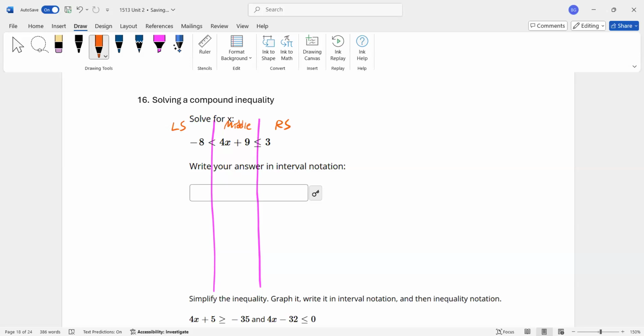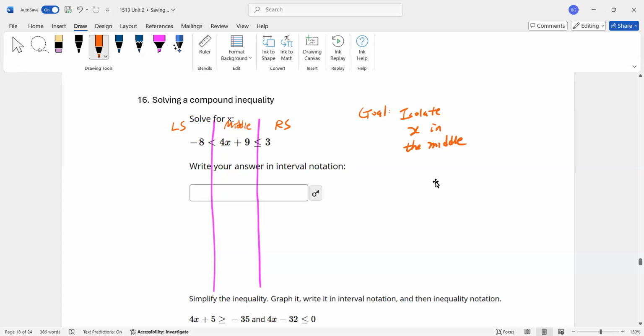When we have a compound inequality like that, our goal is to isolate variable x in the middle.